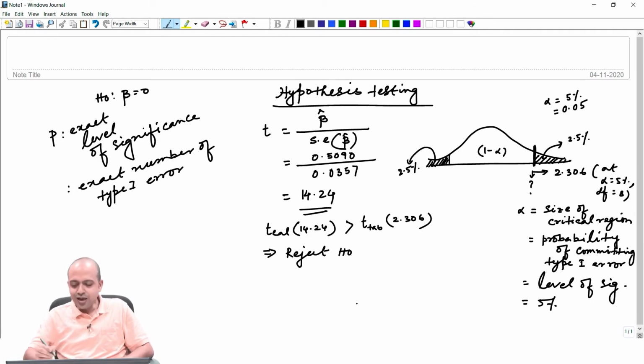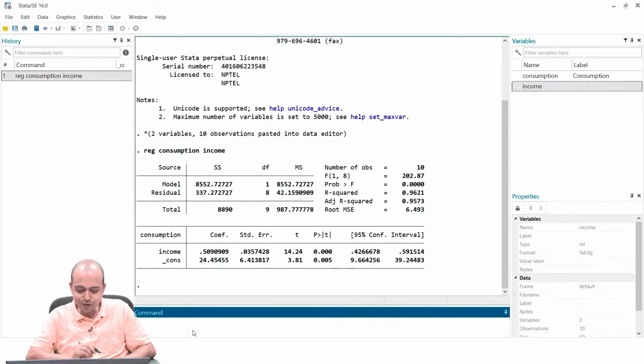And if you go by the P value, then you do not have to compare the tabulated with the calculated one. Rather, in this case, what is the value of P? 0.000. That means you are actually not committing type 1 error at all.